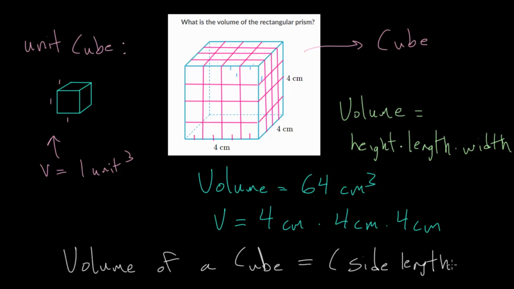So the volume of a cube is one of the side lengths raised to the 3rd power. This is a formula we can use when we see a cube. So if they had, let's say, 10 centimeter side lengths, then we can just put 10 for our side length, raise it to the 3rd power, and the volume of that cube would be 1,000 cubic units.